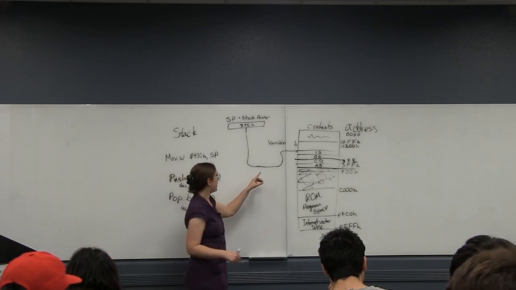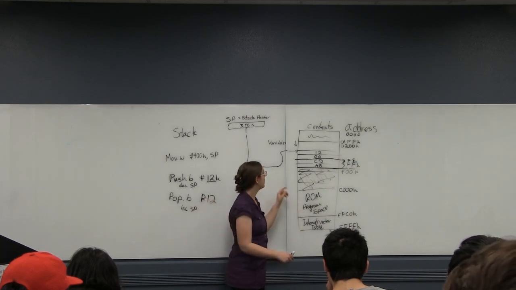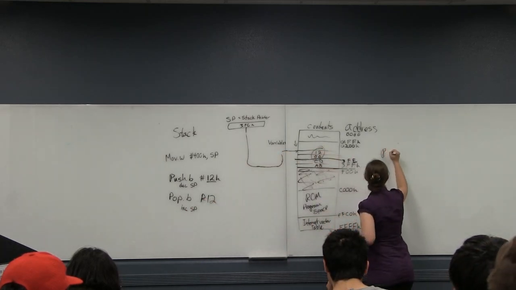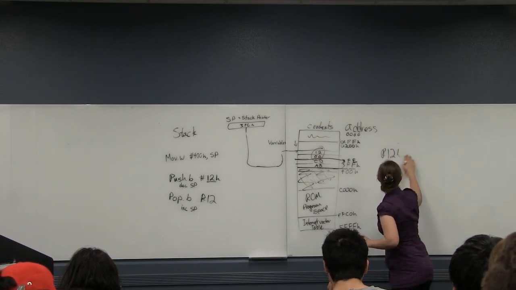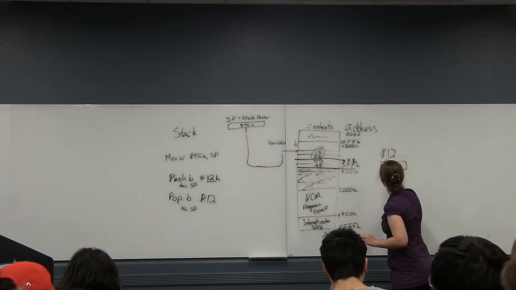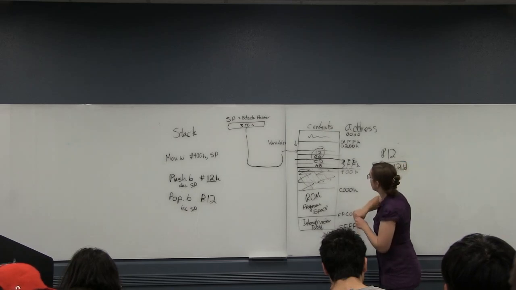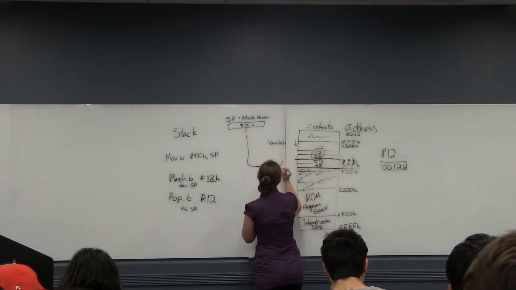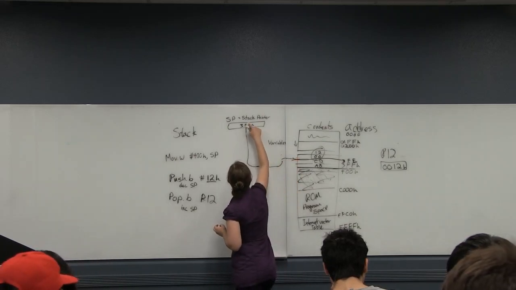That means if we had this as our state of our stack and then we ran that line, we would take this value, put it into R12, and then this doesn't actually get erased. The stack pointer just points to the next one under it.